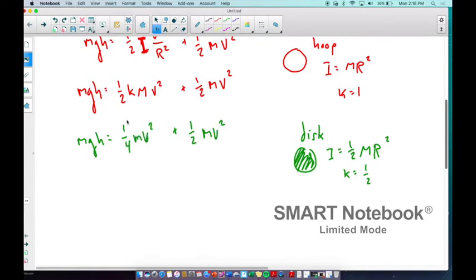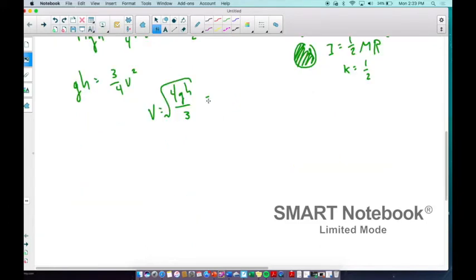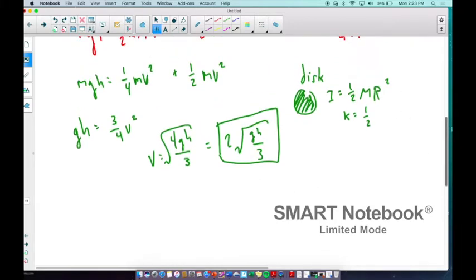The rotational energy is now less than the translational kinetic energy. I'm going to get a bigger final velocity. Rearrange this, and we're going to get that v is equal to the square root of 4gh over 3, which very clearly equals 2 times the square root of gh over 3. So that's going to be the final translational velocity of this disk.